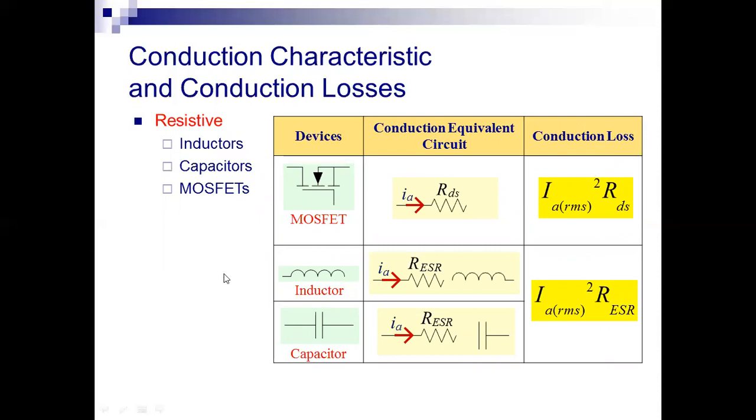Here, a MOSFET switch and also an inductor and capacitor are shown. The conduction equivalent circuit shows the drain source resistance, and the conduction loss is Ia squared RDS. The same applies for the inductor and capacitor, with the same Ia squared R losses, where the current value Ia is the RMS value, that is root mean square value.